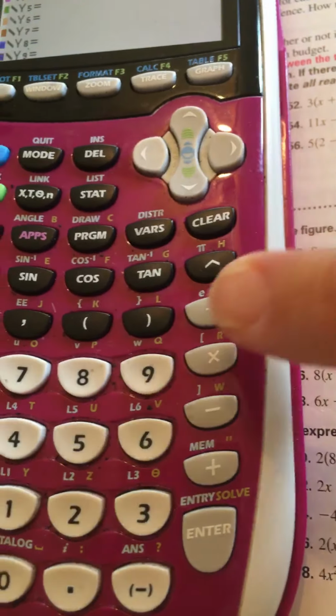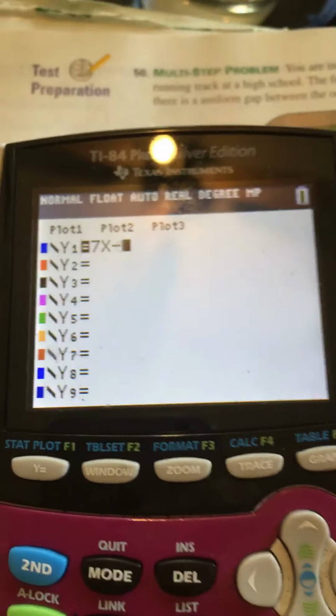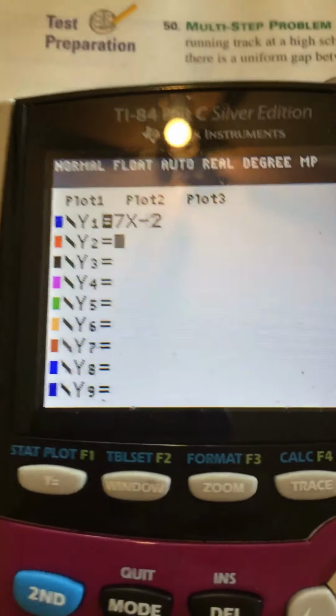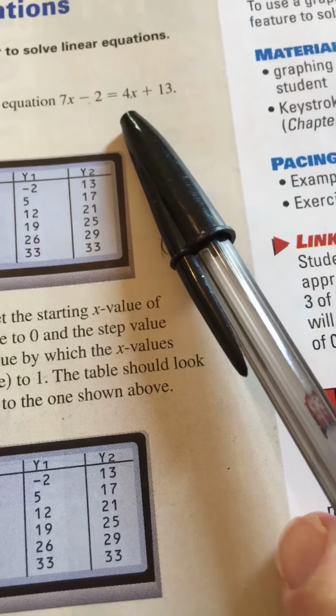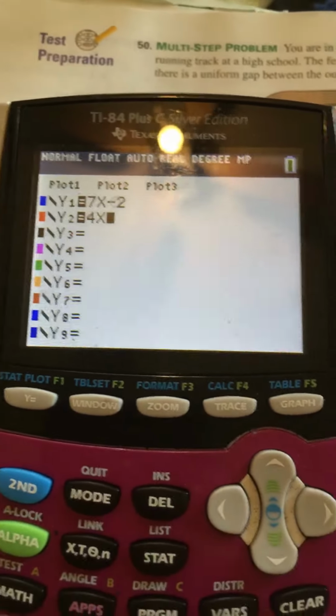You can remember that because minus and middle both start with the letter m. So it's minus 2. Okay, now we use our arrow keys and go down to the next line, and we're going to put in the other half of the equation, 4x plus 13. So back over here, 4x plus 13.